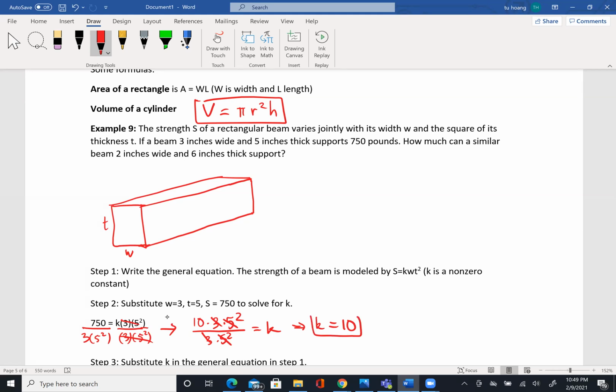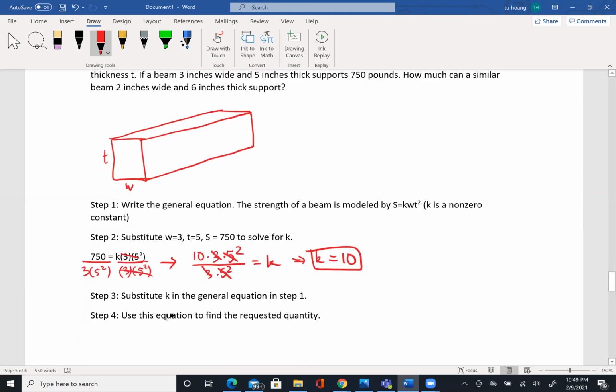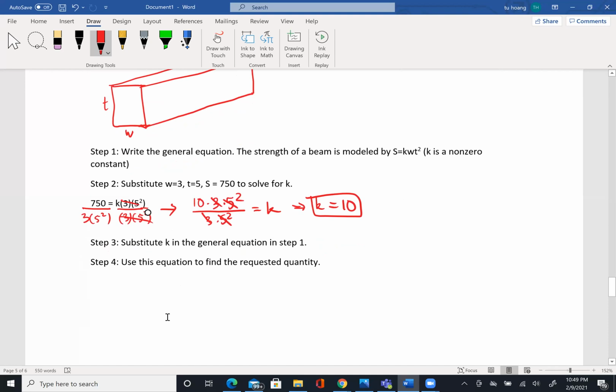So this is okay. I will substitute K into the general equation in step 1. I will have S equal to 10 W T squared as the model for the strength of the beam.